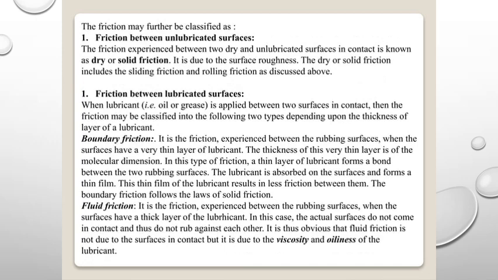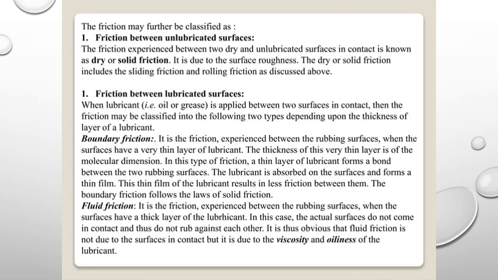In case of footstep bearings, the frictions are classified as friction between unlubricated surfaces. The friction experienced in the body between two dry and unlubricated surfaces is known as dry or solid friction. And friction between lubricated surfaces: when a lubricant is applied between the two surfaces in contact, the friction may be classified into two types.